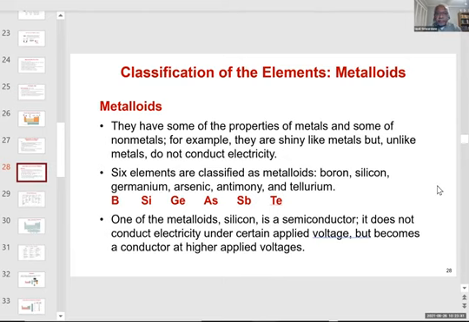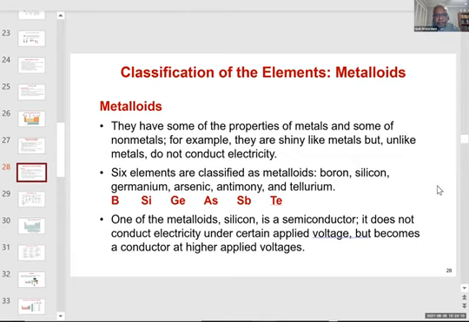Metalloids have some properties of the metals and some of the non-metals. For example, they are shiny like metals, but unlike metals, do not conduct electricity. So boron, silicon, germanium, and arsenic. Some of them are semiconductors, such as silicon and germanium. One of the metalloids, silicon, is a semiconductor used in computer chips.